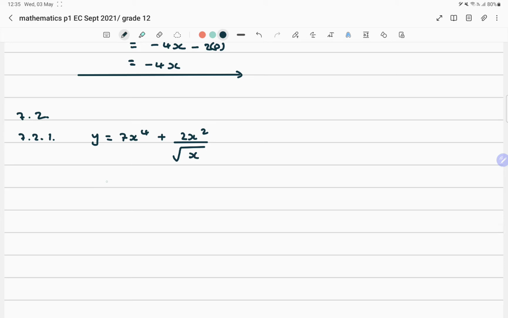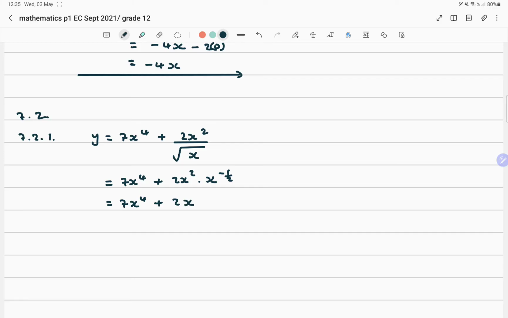So we need to make this linear first. We can't have fractions. So this is the same as 7x to the 4th plus, now when we change this, it's effectively 2x squared times x to the minus half, because this is x to the half, so this is x to the minus half.